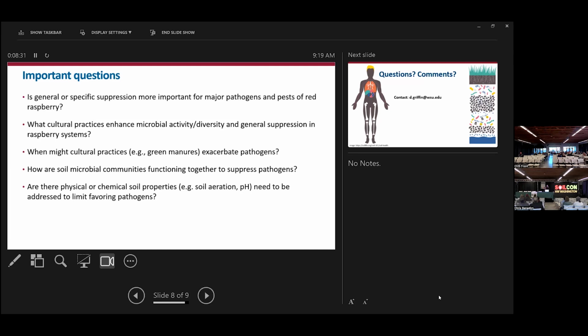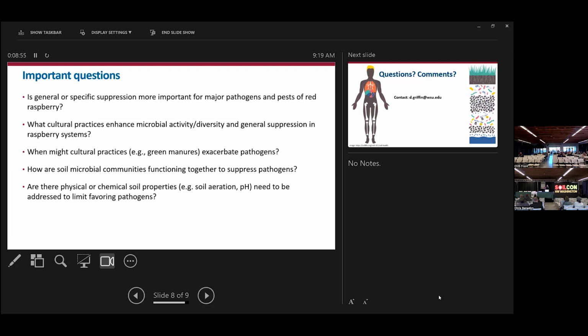And also, what cultural practices might exacerbate pathogens? There's a lot of focus on maybe adding composts or green manures that could feed the microbiome and lead to suppression, but it can also lead to feeding pathogens and pests. So there can be issues with exacerbation that we need to consider.